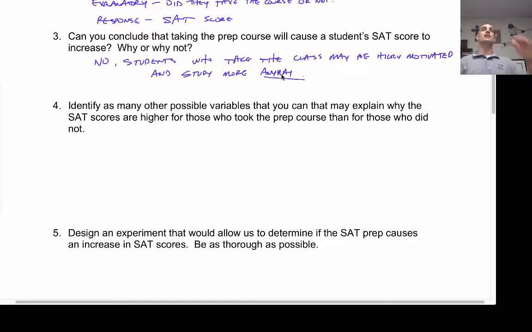And the key word here is anyway, right? So this is not a treatment. We didn't prescribe it. We didn't make them take it. So we're saying there are a lot of factors that could lead to it. This could be one of them.